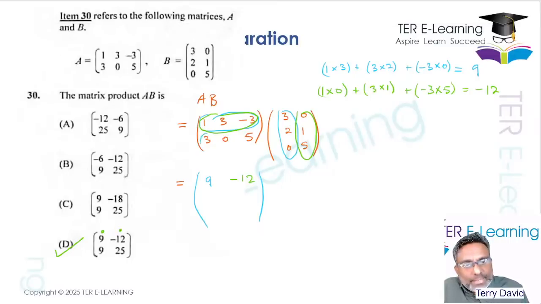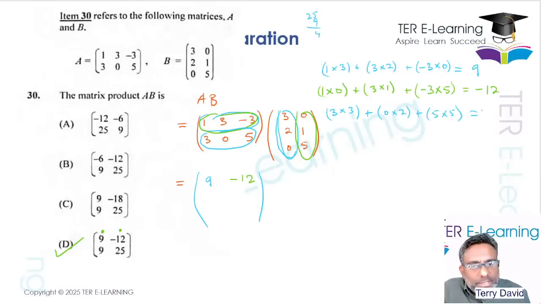To work out the next set, we're going to take this row this time, and multiply by the same column here. So that's going to be 3 by 3 plus 0 by 2 plus 5 by 5. Let's see what we get here. 3 by 3 is 9, 5 by 5 is 25, so that's 25 plus 9, that's going to be 34.